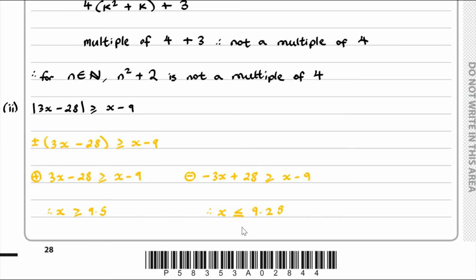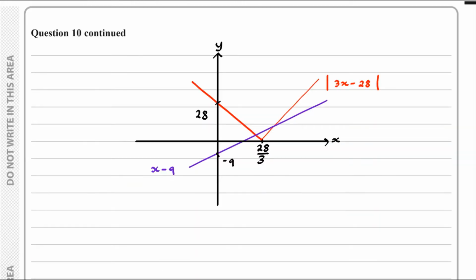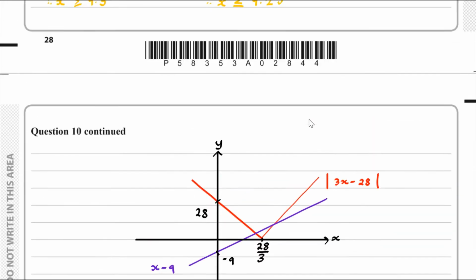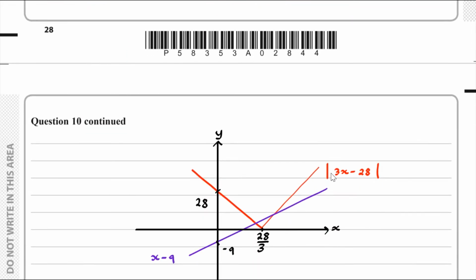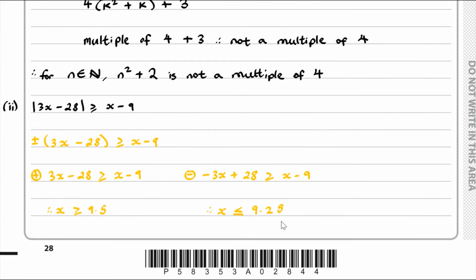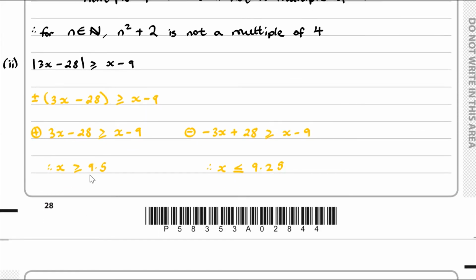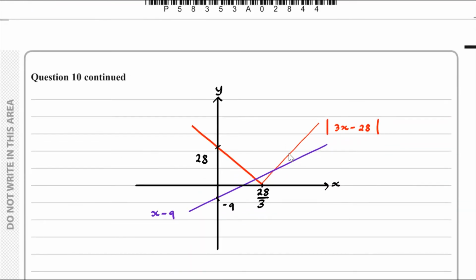Now, if we were to add this on a diagram, we have the following. In terms of the diagram, we've got the mod of 3x minus 28. It crosses at 28 over 3 on the x-axis and 28 on the y-axis. We've also got the graph of x minus 9, that's shown in blue. Now, we have one solution, x is greater or equal to 9.5.